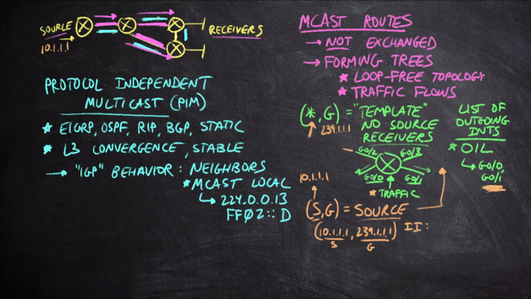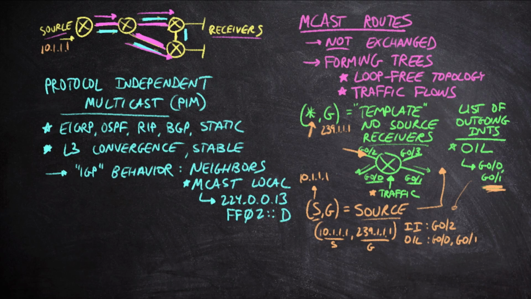Let's say it comes in here this time. So incoming interface is gig 02, and the outgoing interface list I simply pull down from the template. So gig 00 and gig 01. The template rather tells me that OIL, it populates it for me because I know that there are receivers out those interfaces.